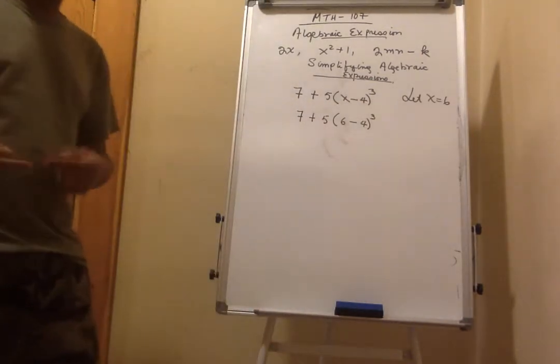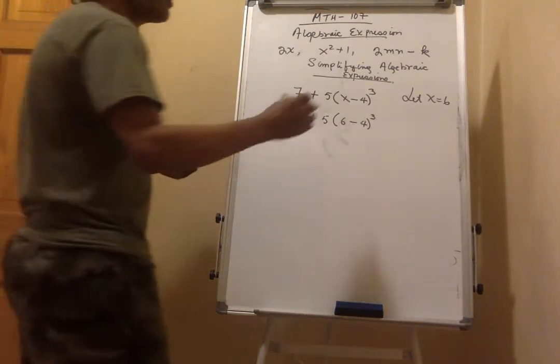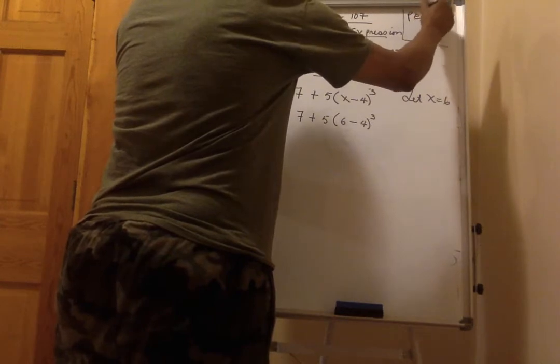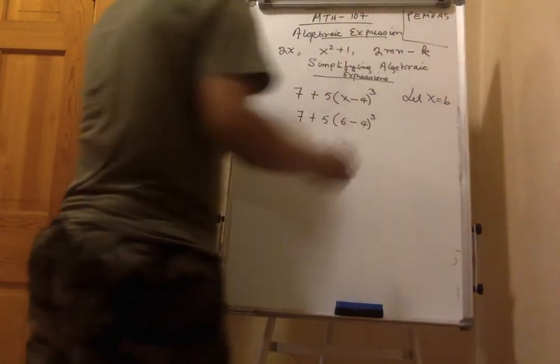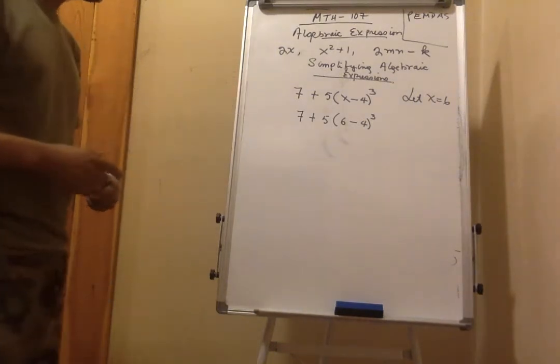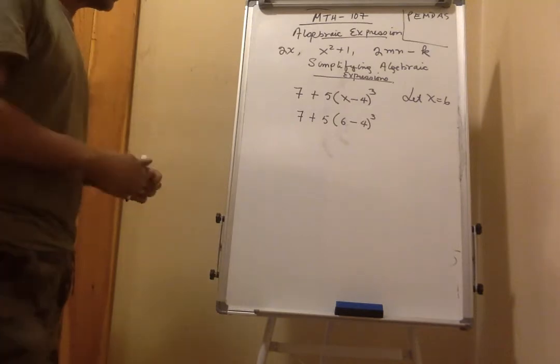And now you're going to use your knowledge of order of operations, which you know is called PEMDAS, right? First, you have to deal with the stuff in the parentheses, then the exponents, and so on.